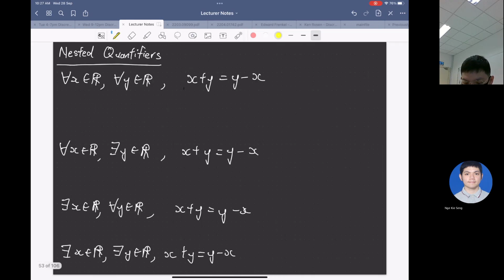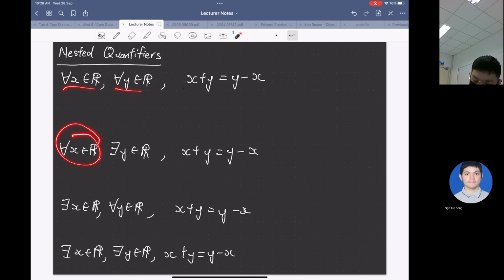So we have more quantifiers coming in, and these are nested. Why is it nested? It means the order is very important. If I write for every x in R first, that means x is already chosen. After x is chosen, then we choose y.